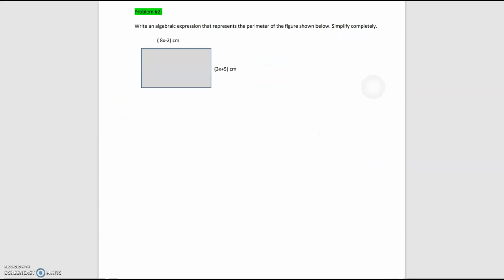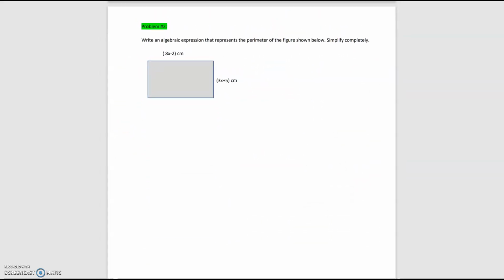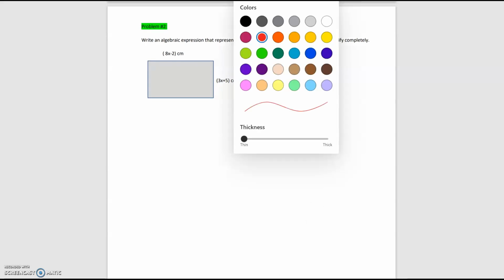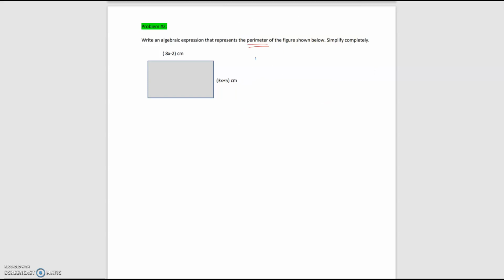Let's move on to problem 2, and they want an expression for the perimeter. Now remember the formula for the perimeter, and let me write the formula here. The perimeter is equal to 2L plus 2W.